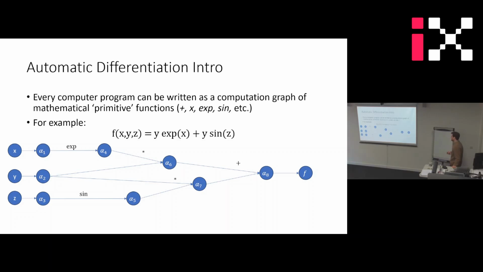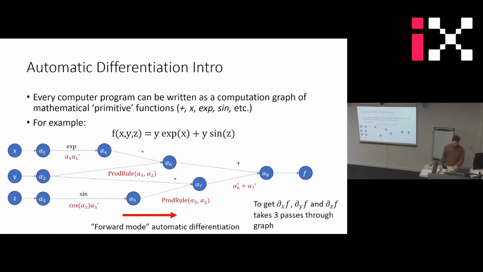There's never anything too complicated in there. It's just a lot of functions applied. Let's look at this really simple example of just some sines, exponentials, and multiplications together. What does the computational graph for this look like? We have our x, y, z's, we apply our different functions, and then we get out the answer at the other end. There are many different stages in between, but it just computes this thing in steps.